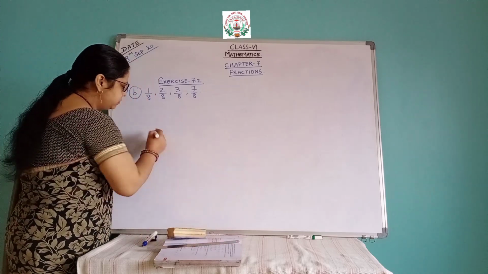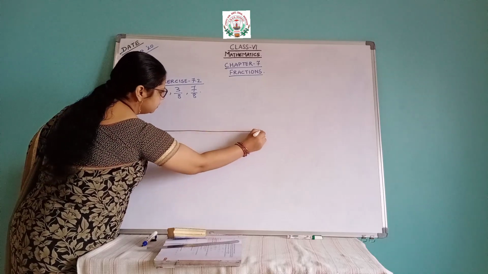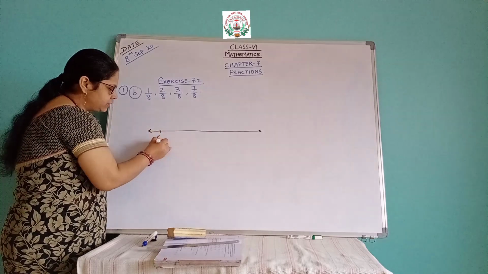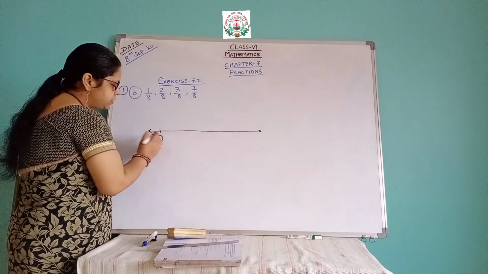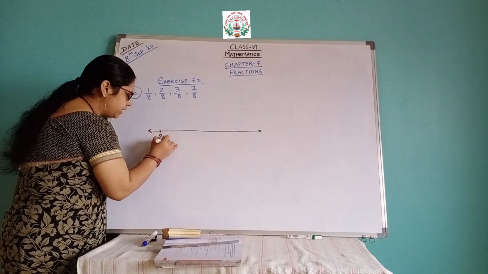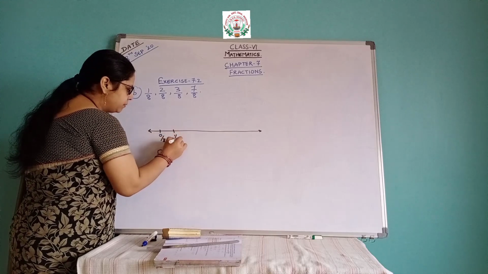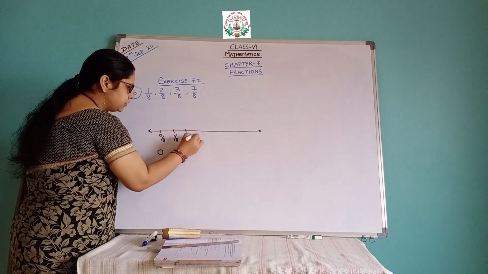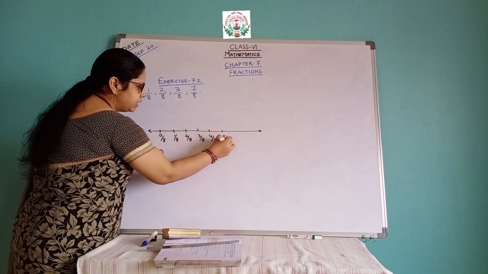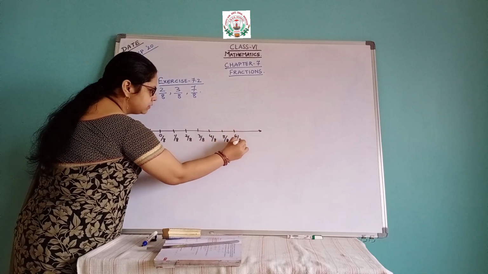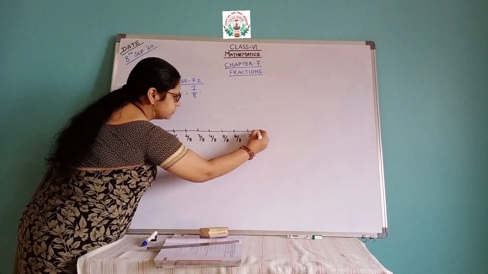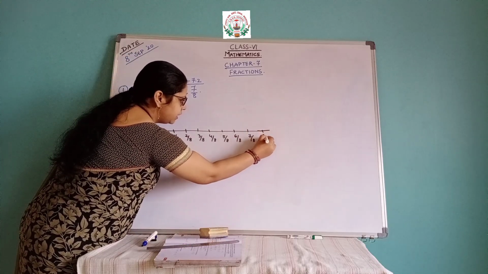So, you have to draw one number line. Negative part you don't have to draw because here you are not studying integers. Here you write down 0 and here you write 0 by 8. Then 1 by 8. Then 2 by 8, 3 by 8, 4 by 8, 5 by 8, 6 by 8, 7 by 8, this is 8 by 8.